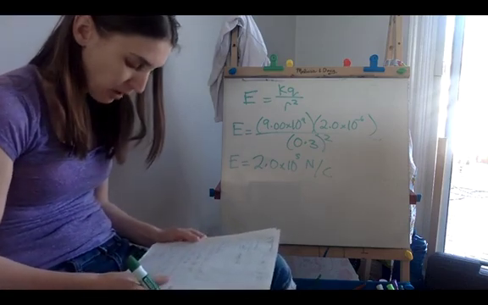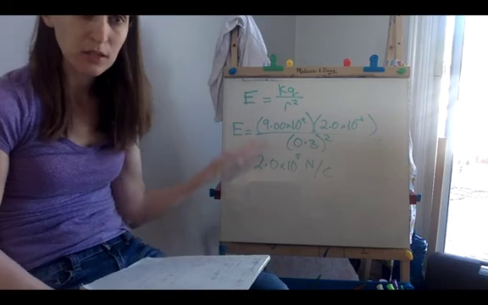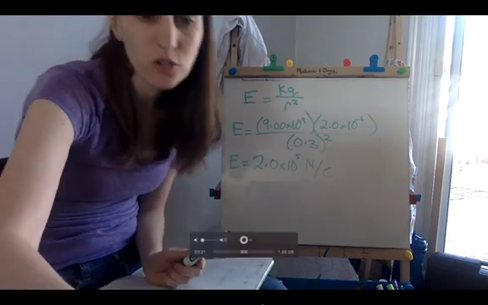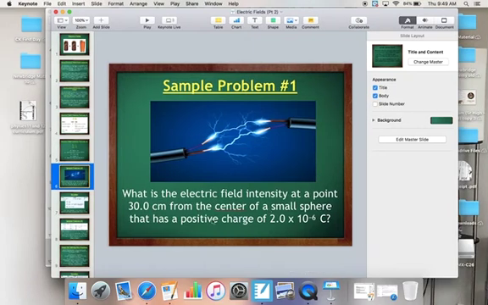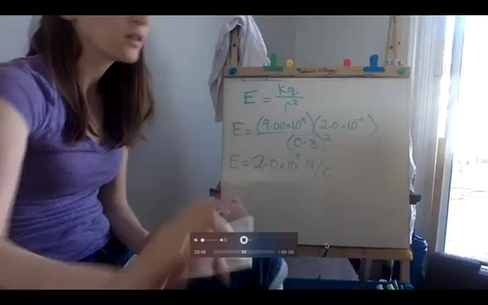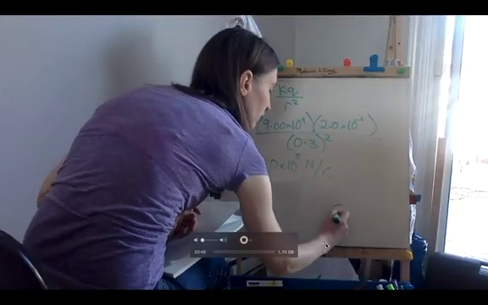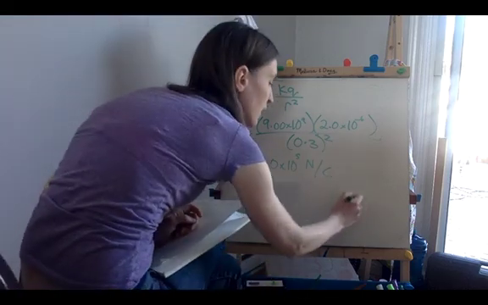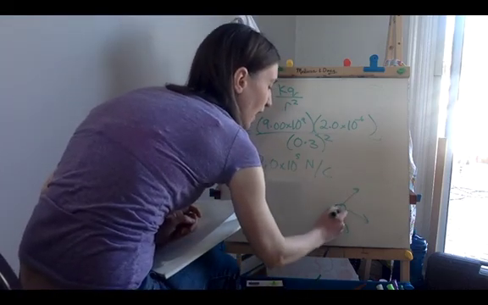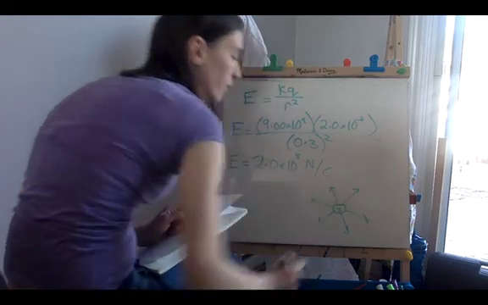In terms of direction, because this is still a vector, if we quickly go back to the question and see what it's telling us, it's saying electric field intensity at a point that's distanced from the center of a small sphere that has a positive test charge of 2.0 times 10 to the minus 6. Since they're telling us that small sphere was a positive charge, that means the field intensity is radiating out from that charge.